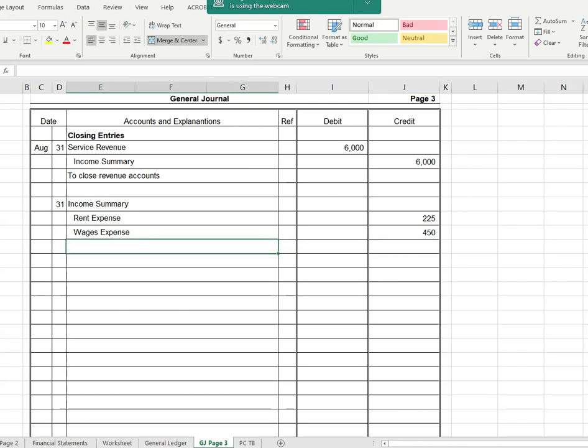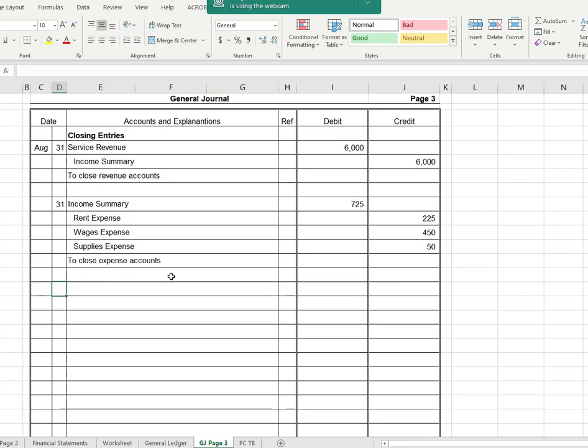And then the last one is supplies expense. The reason I put them here first is so that I know the amount, so I can then add them together. When I add those 3, I get $725. And this is to close expense accounts.